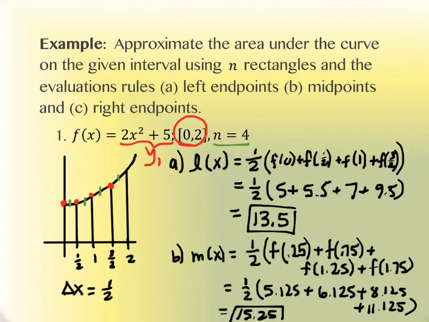Now the last piece we're supposed to do is to find the rightmost rectangle. So on this one, we're going to use the right endpoint. And the right endpoints would be the value 1/2, the value 1, the value 3/2, and now the value of actually 2. So we're not going to use the x equals 0.